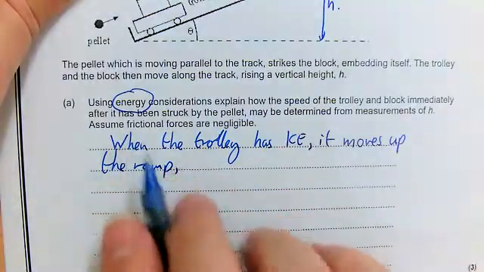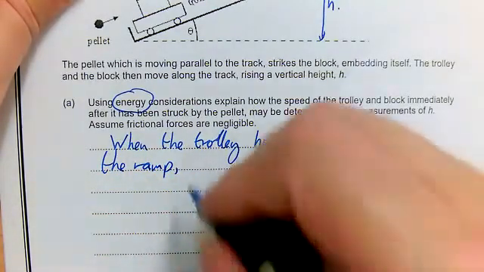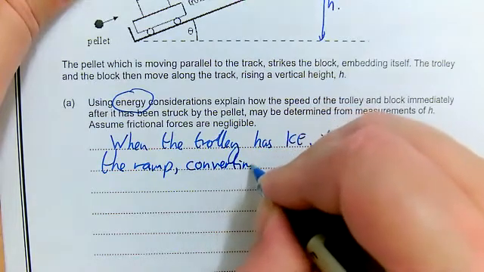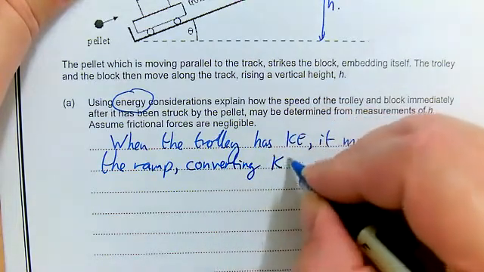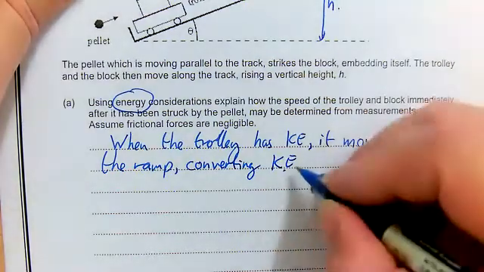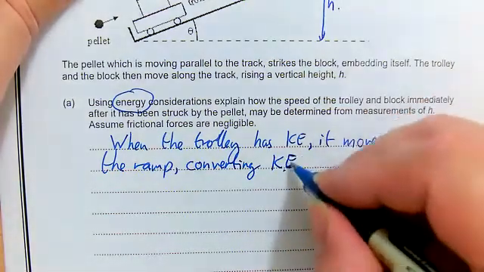And it says energy here, so energy considerations, well, this converts the energy. And it's quite all right to write KE and GPE to use the initials, because it is understood what those mean.